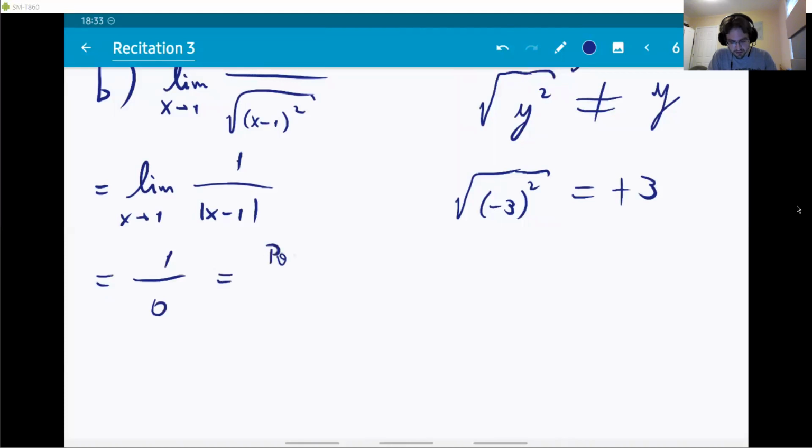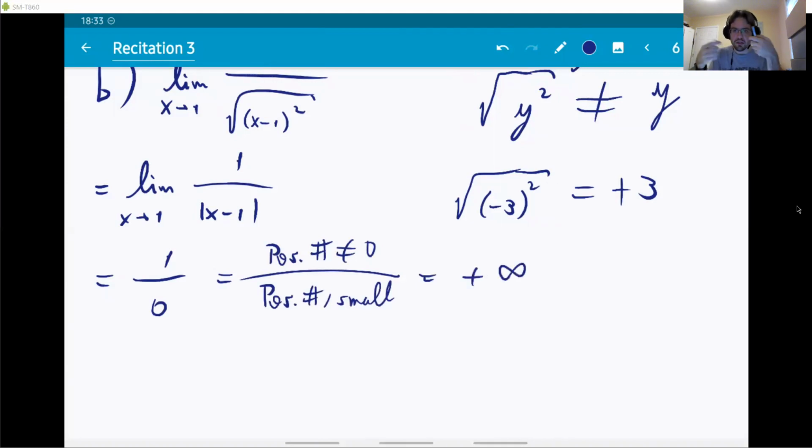So it's a positive number that is non-zero divided by a positive number that's very small. So, okay, I did not actually analyze the two lateral limits separately. I just concluded that whatever side you're coming towards 1, this denominator, because it has an absolute value there, will always be positive. And also the numerator, of course, is always positive. It doesn't depend on x. So this will give you a plus infinity. And in particular, also the one-sided limits are plus infinity.